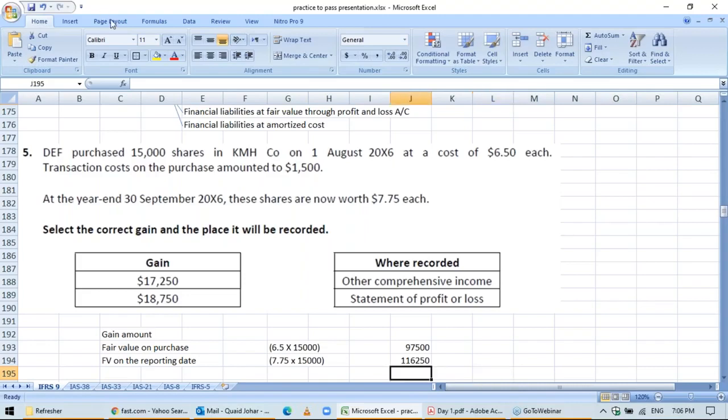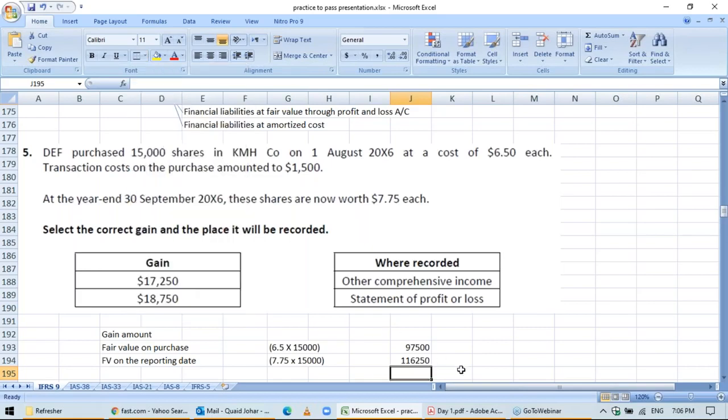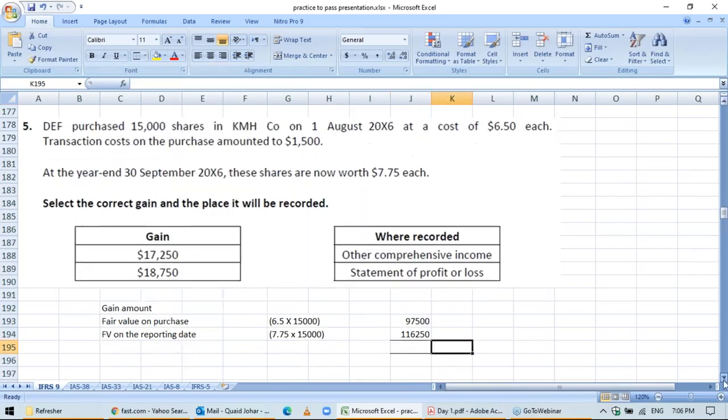The difference between the values on purchase and on the reporting date is 18,750. So the correct answer is 18,750. You will select this.